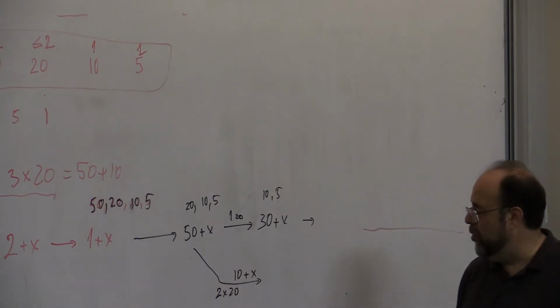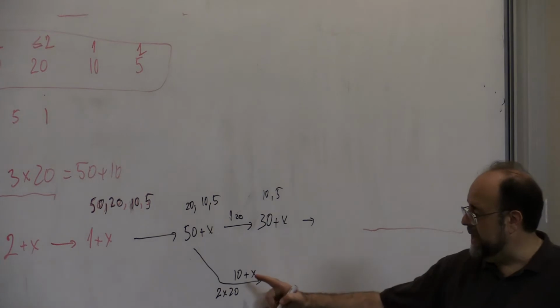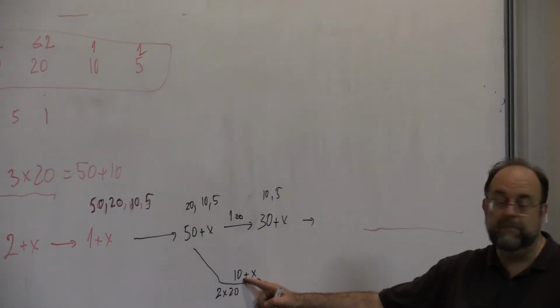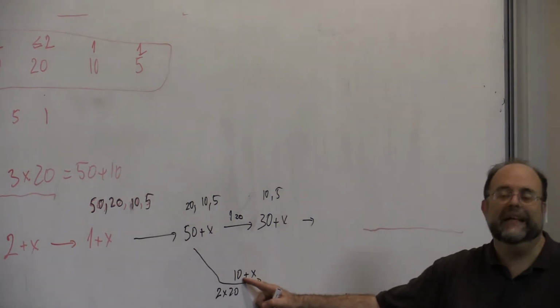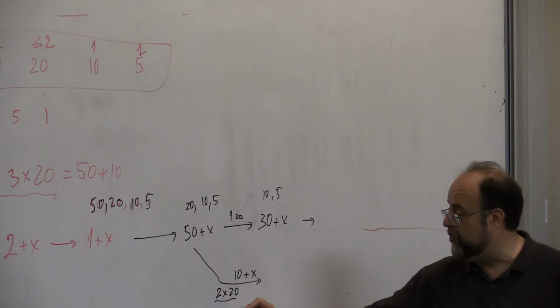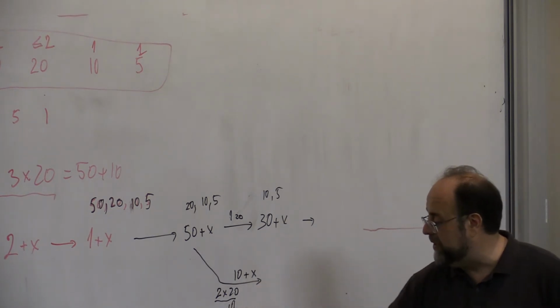But now what is the problem? Can I use a 10-cent coin now to give this 10 plus X? No, because then you can swap it. Exactly. Because I use 2 times 20, if I would use 10, I could swap these for 1 times 50.